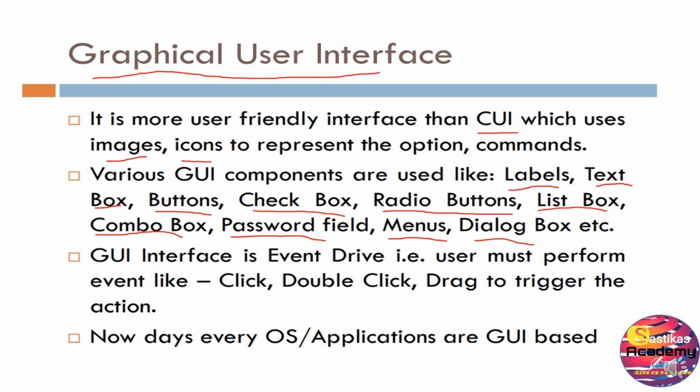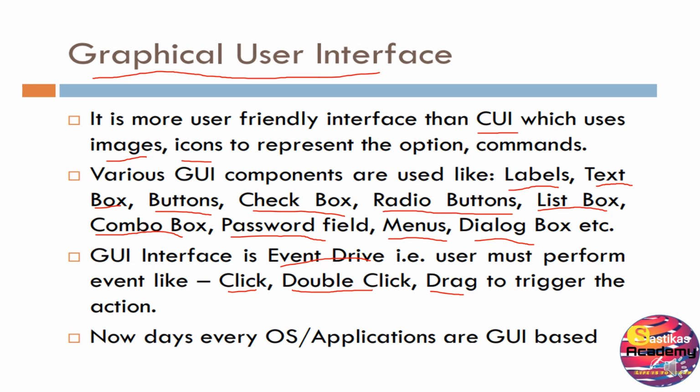So these kinds of inbuilt graphical user components we can use. The GUI interface is event driven. That is, the user must perform an event like click, double click, and drag to trigger the actions. So it's simple, you just click, double click, and drag to perform some actions.